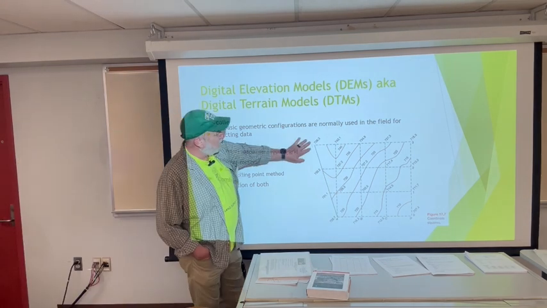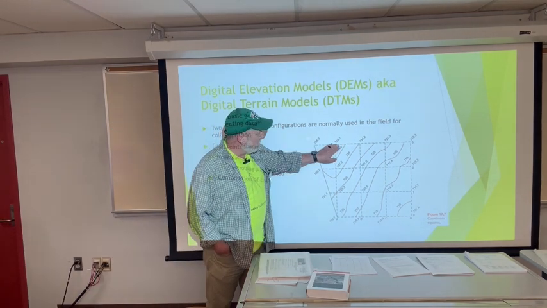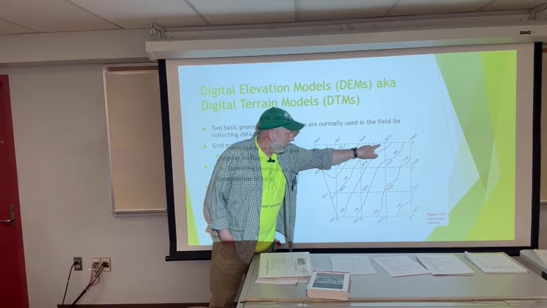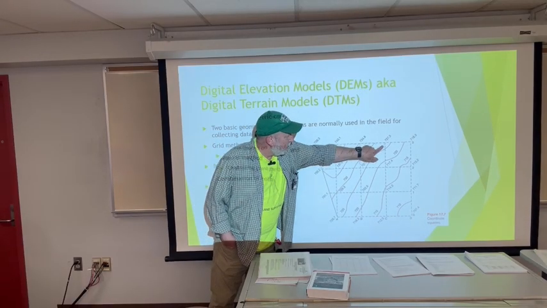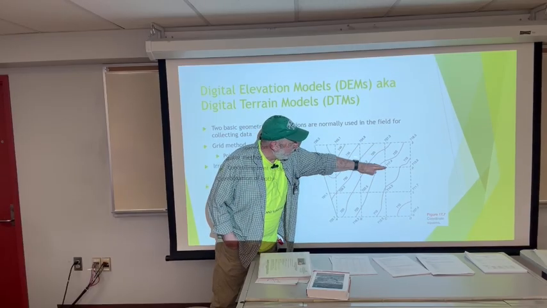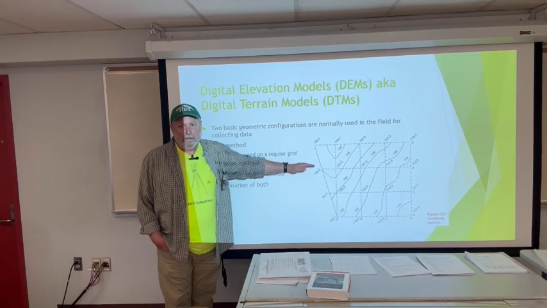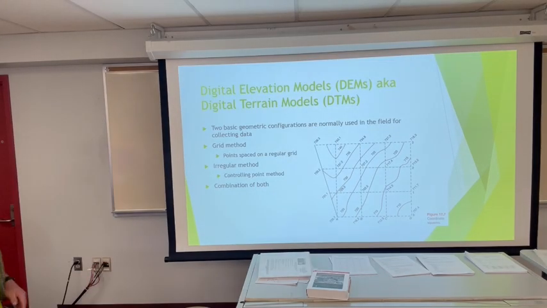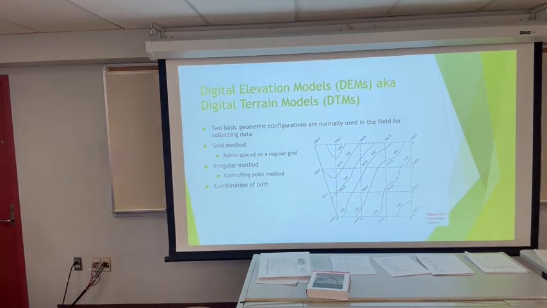That's what these dashed gray lines are. Whatever that interval is, you're getting a shot here, here, here. Whatever the interval distance is this way, you'd move down the same distance and continue another line, going back and forth. The irregular method is pretty much like that controlling point approach, where you're hitting your high points, your low points, and your break lines.